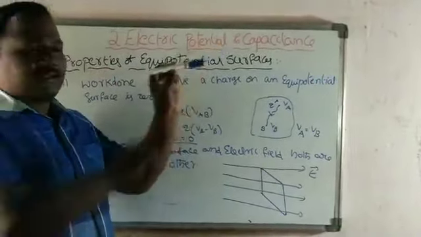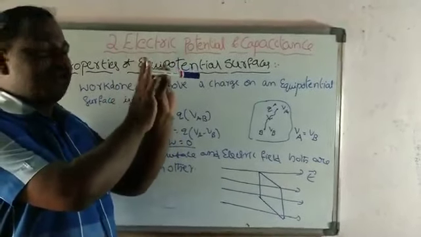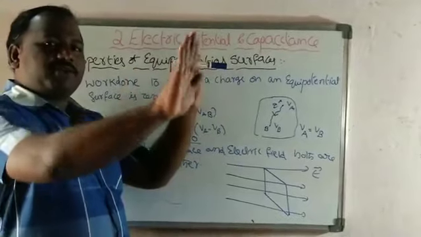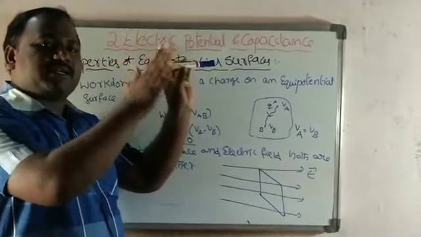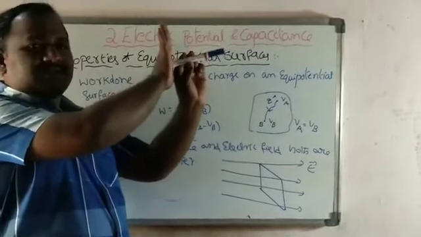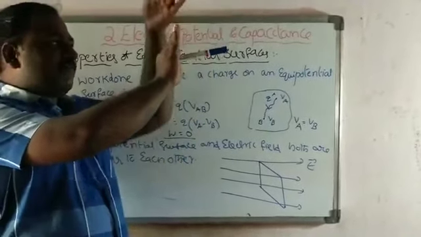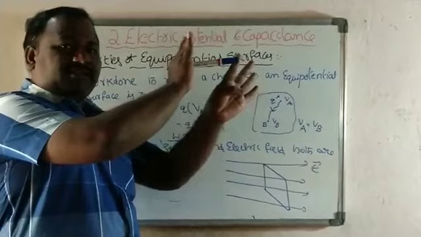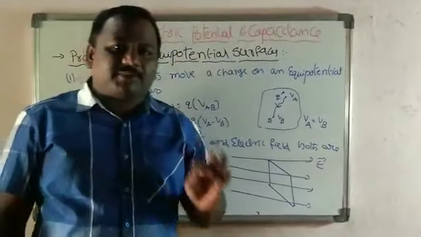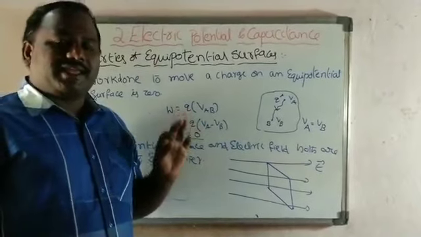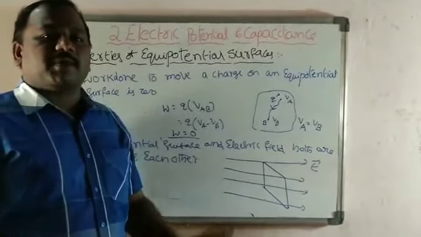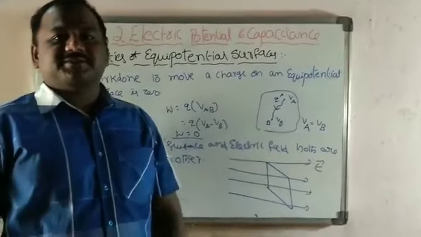Field lines are represented in the direction of this pen, and if you take your hand, this represents the surface. When you place the surface in this manner, then it is the surface and it is the electric field. So both are making 90 degrees to each other. Remember the second property. The second property is equipotential surfaces and electric field both are perpendicular to each other.